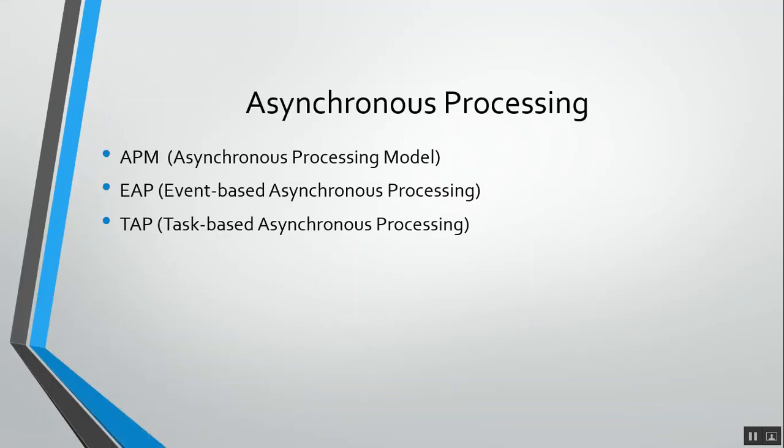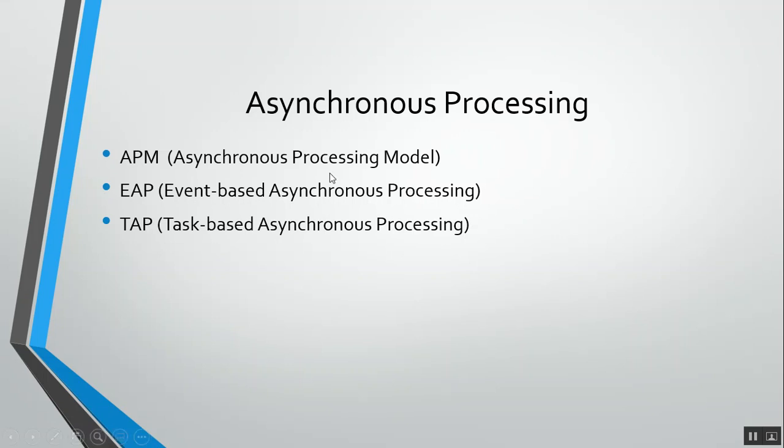In the second class of asynchronous programming, we'll first go through an overview: asynchronous programming can be implemented using three different patterns: the asynchronous programming model, event-based asynchronous processing, and task-based asynchronous processing. The task-based pattern is the latest, introduced in .NET Framework 4.0.